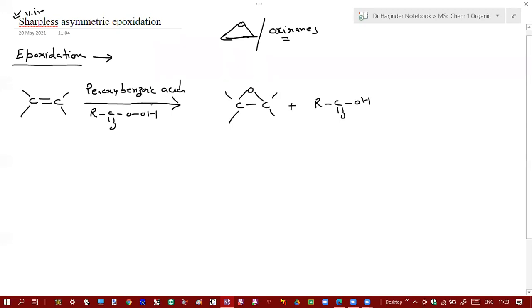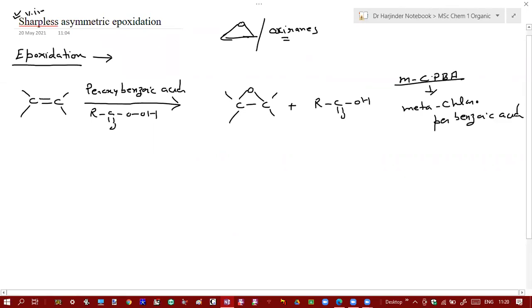And the most commonly used reagent for this kind of epoxidation is parachloroperbenzoic acid or metachloroperbenzoic acid. This is perbenzoic acid. So this is a normal epoxidation process.